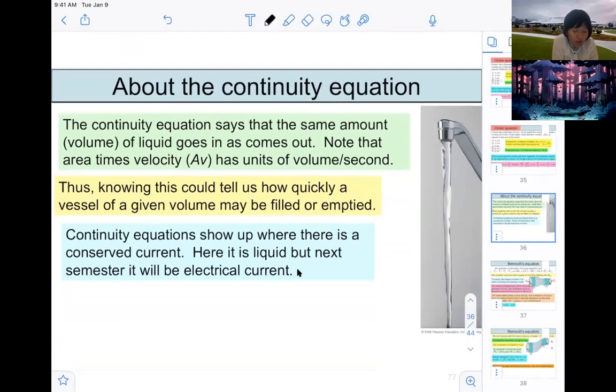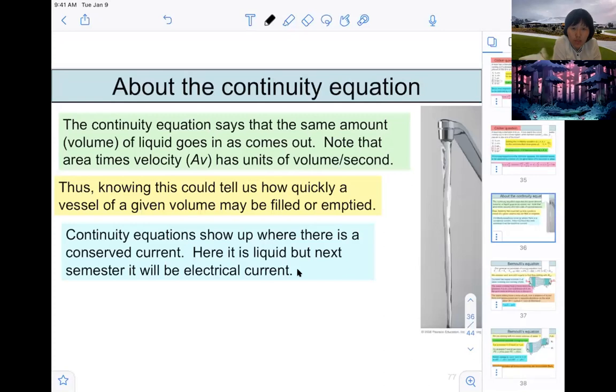All right, so what can we say more in terms of understanding the continuity equation? We said it's saying the same amount, which is described by the volume, right? The amount of liquid that goes in comes out. And we're looking at an equal amount of time, so we divided that by the time.